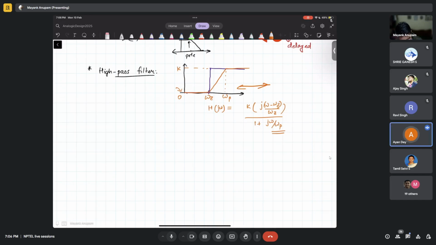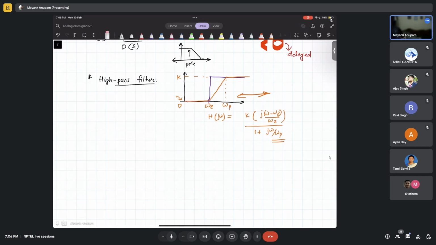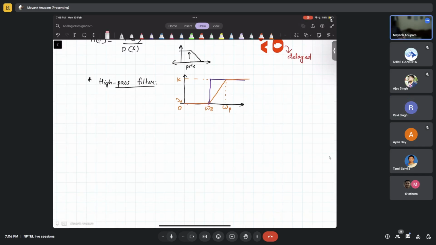How do you get the numerator there? This is also not correct actually, because the gain k is at very high frequency. So let's not complicate it. Can it be S by omega z? Let's make it easy.